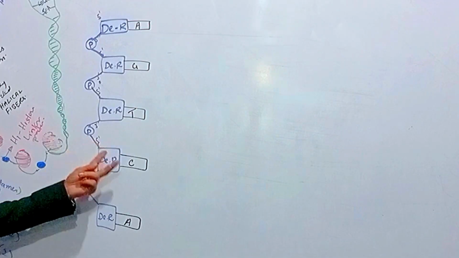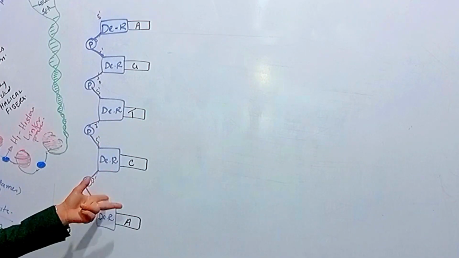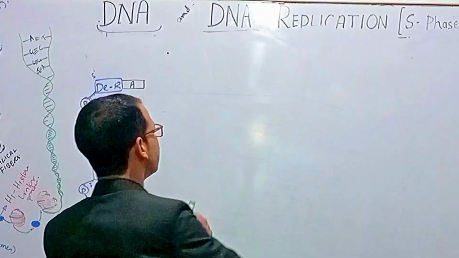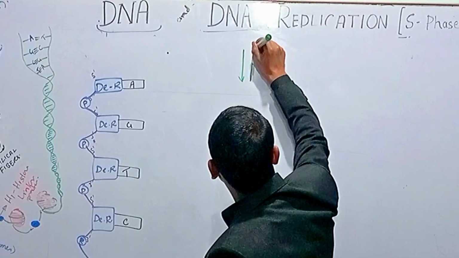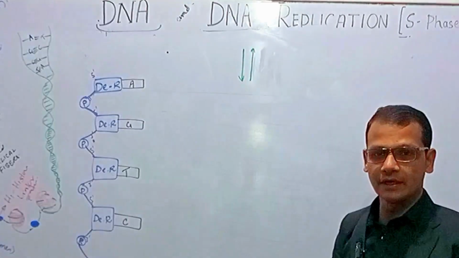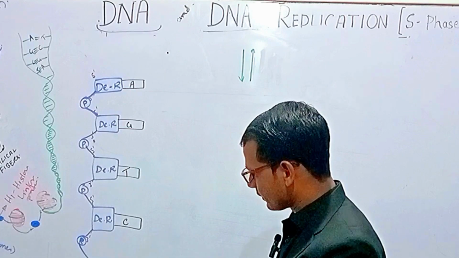The next strand, this is one strand. The next strand is anti-parallel to this. The DNA strands are anti-parallel to each other, right? So the next strand will be opposite to this.